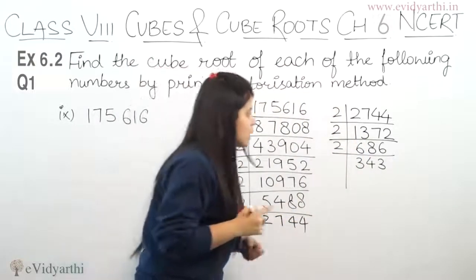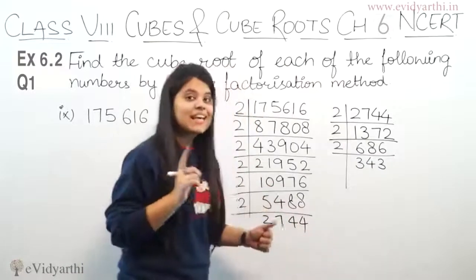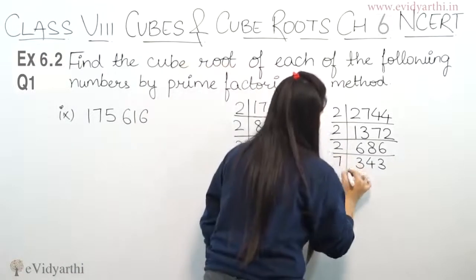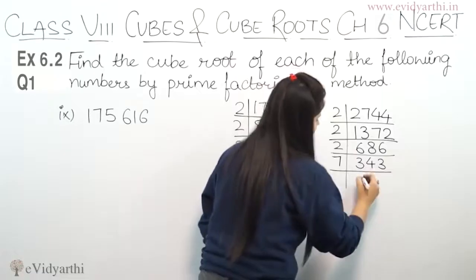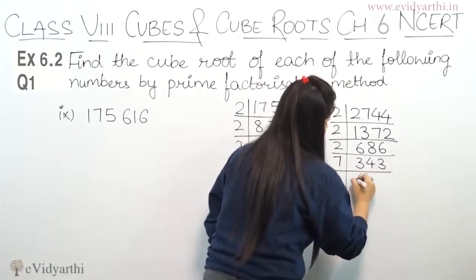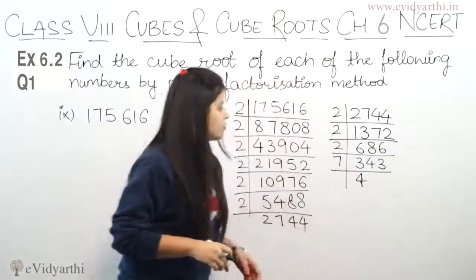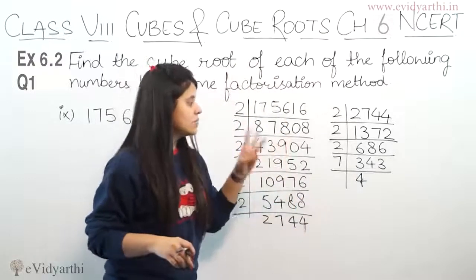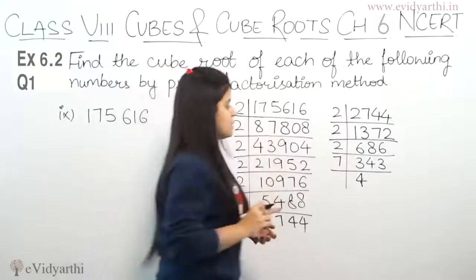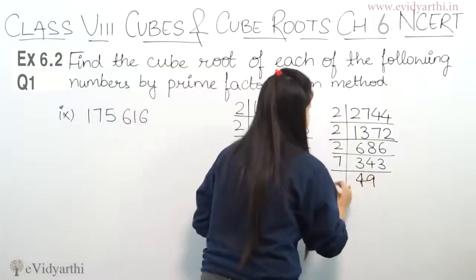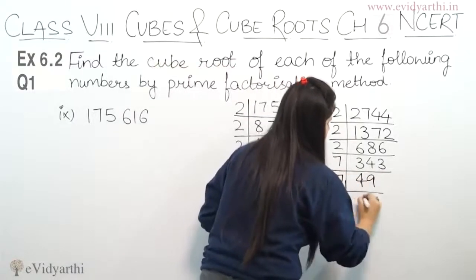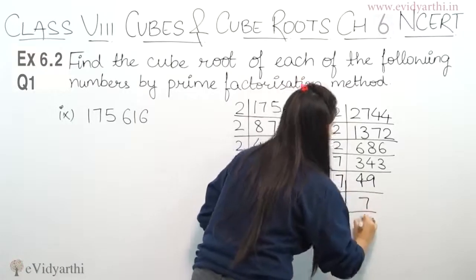ना ही ये 3 से होगा, ना ही 5 से, but 7 से हो सकता है. So we'll do it with 7. 7 4s are 28, then 28, 29, 30, 31, 32, 33, 34, so 49. Again with 7, 7, 7 and 1.